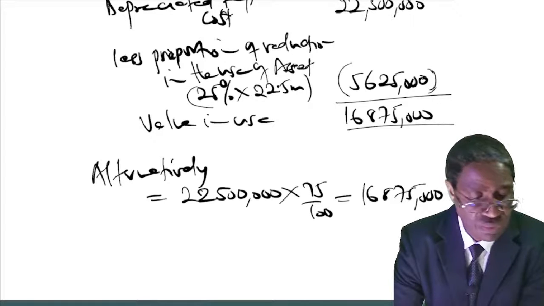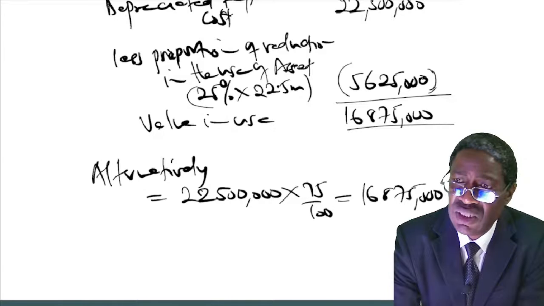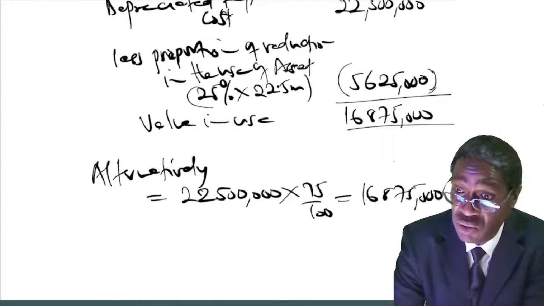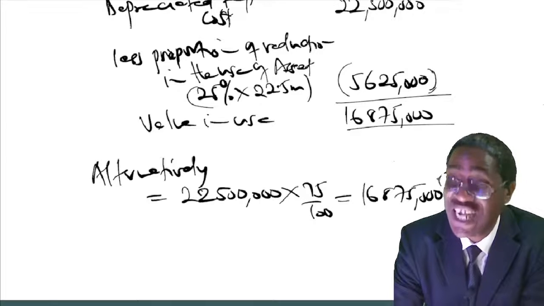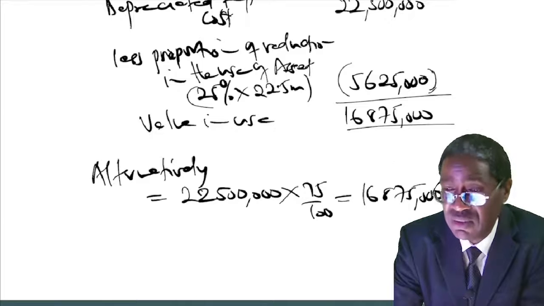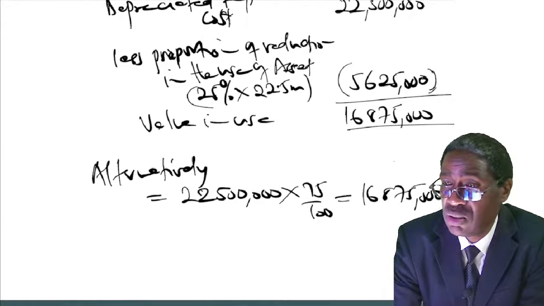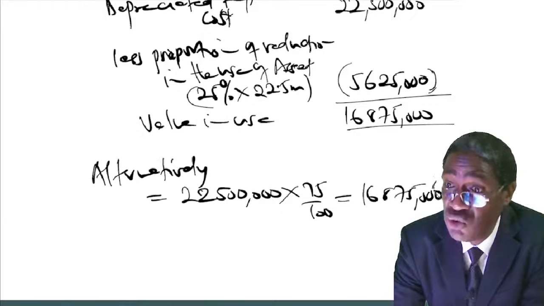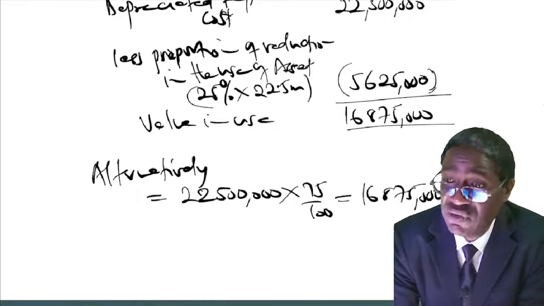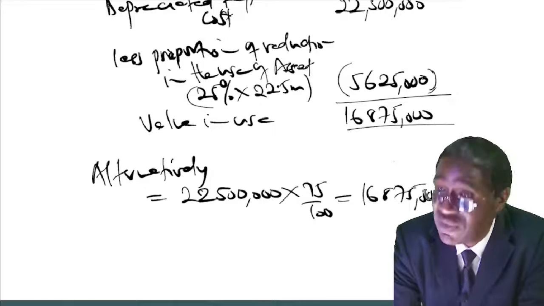Since the machine has no net realizable value, then the value in use of shillings 16,875,000 becomes the recoverable service amount of the machine.